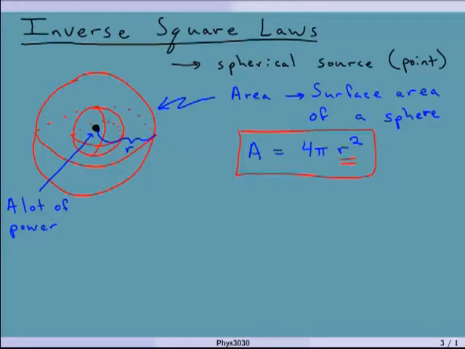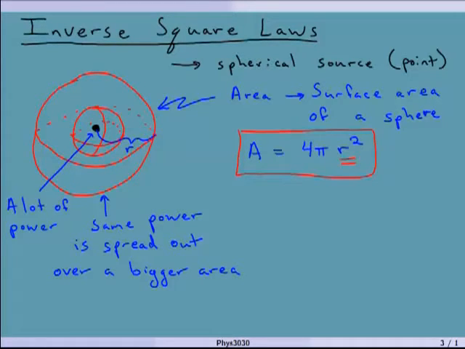But as you come out, as you move out here, the same power is spread out over a bigger area, right? And this is something we call intensity. So the intensity equals the power divided by the area of what we get, okay?